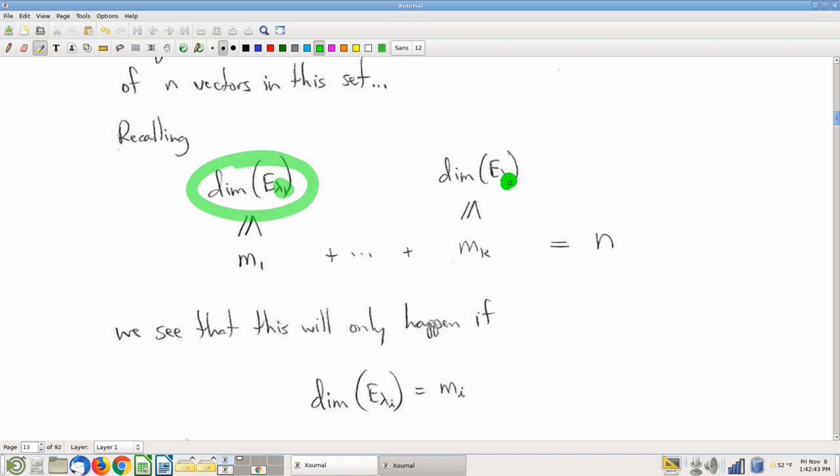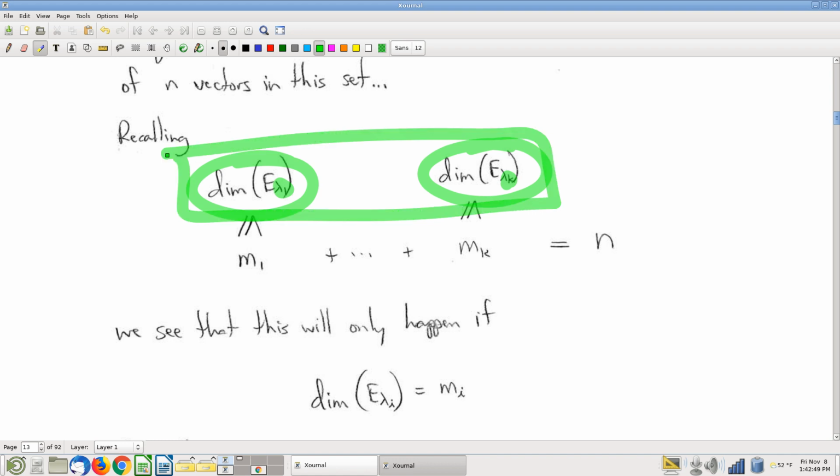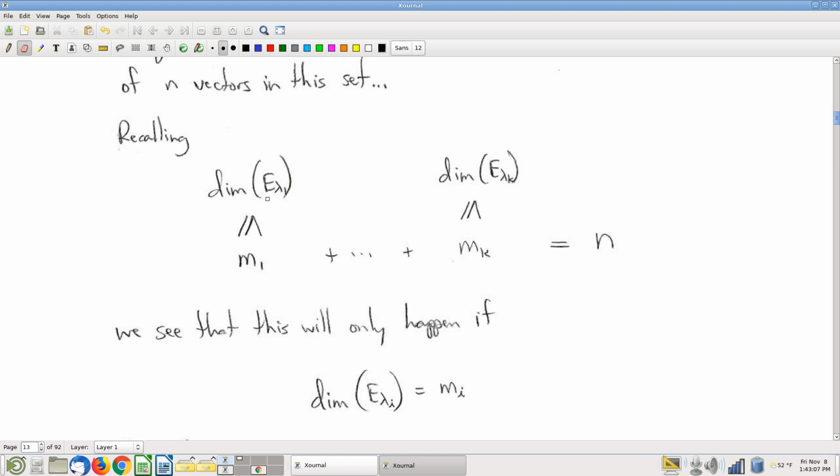For each eigenvalue, correspondingly there is how many eigenvectors do you find. Grand total then, the grand total number of eigenvectors that you find for all the eigenvalues. Well, if I want that to equal n, in other words, if I want to have enough eigenvectors to possibly be able to have a basis for Rn, I need for all of these inequalities to be equalities.